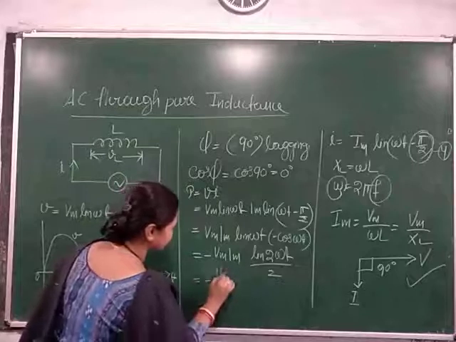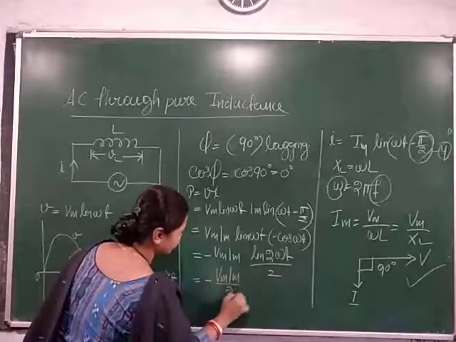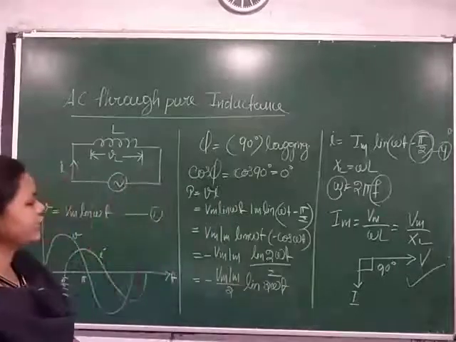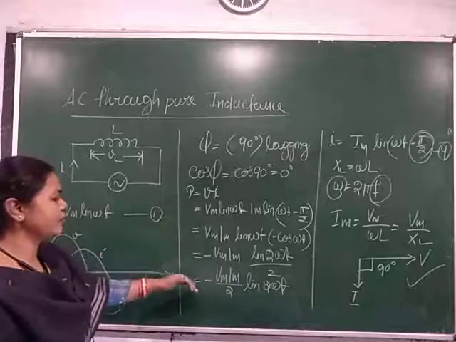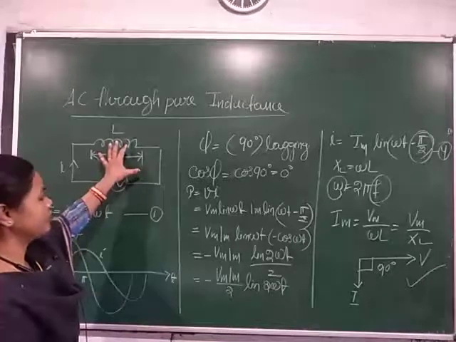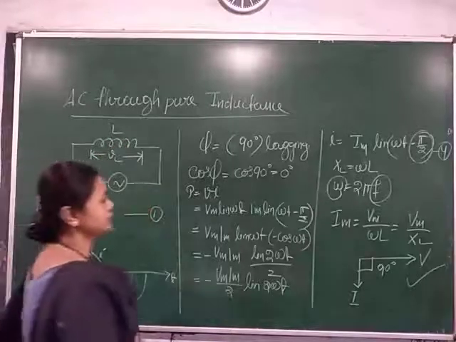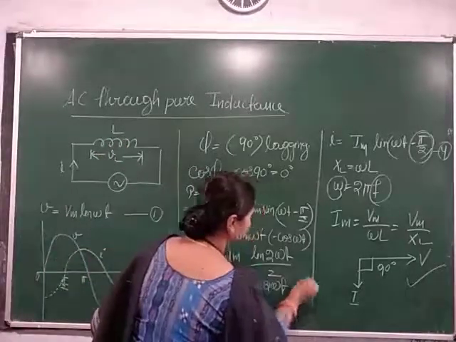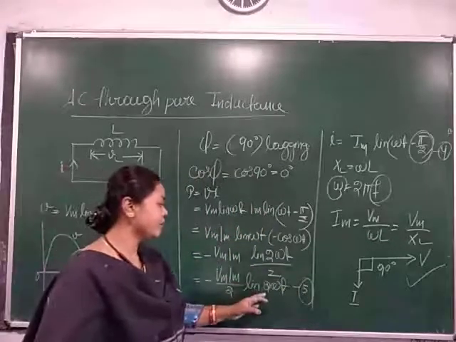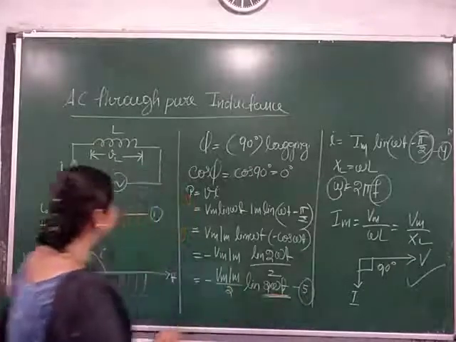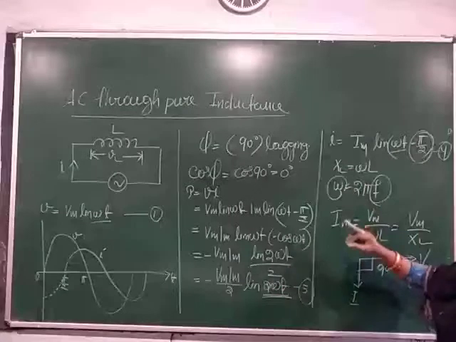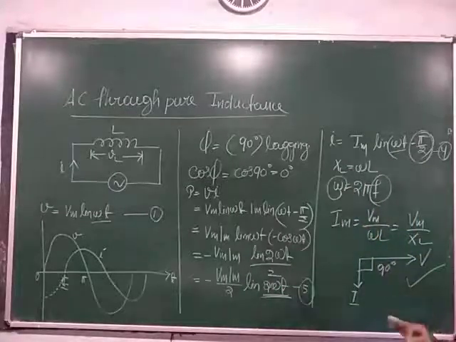So the power is minus Vm Im by 2 sin 2 omega t. This is the instantaneous value of power consumed by the inductor. And here it is made equation number 5. From equation 5 we are very clear that the frequency of power is double the frequency of voltage and current, the instantaneous power.